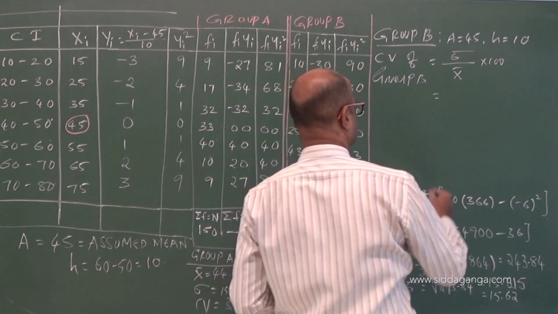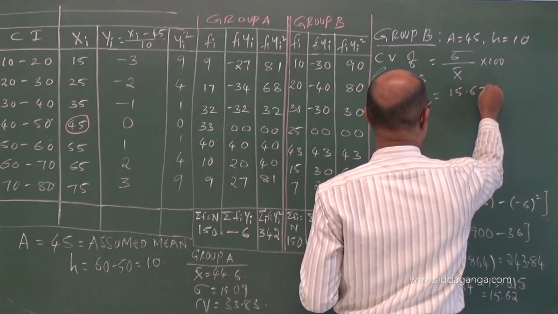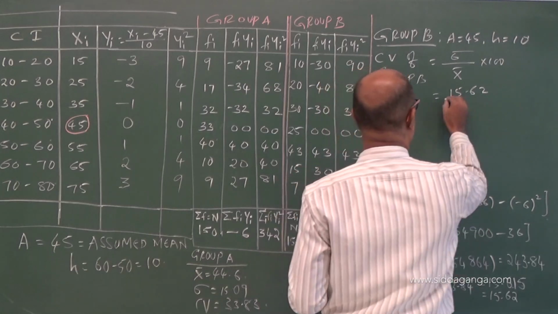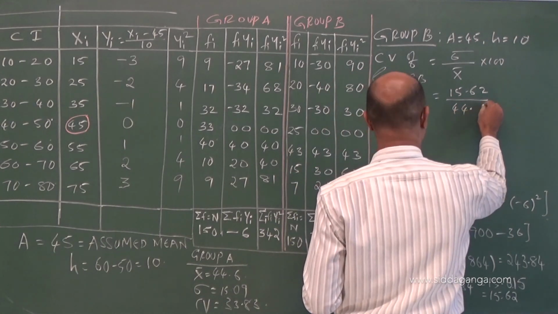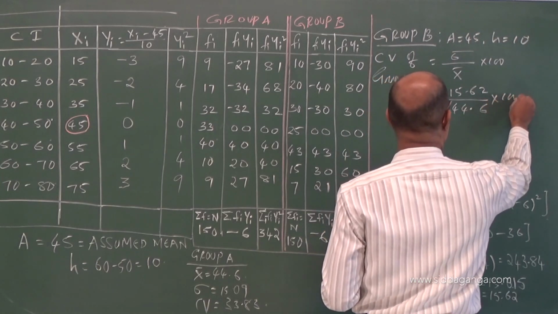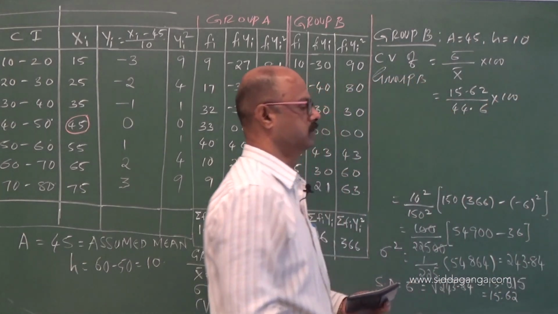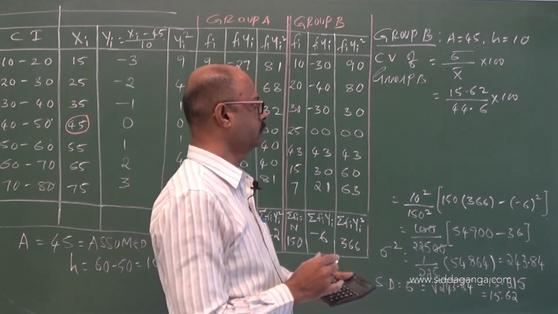What is sigma? Sigma is 15.62 divided by x bar, which is 44.6, into 100. Substitute.